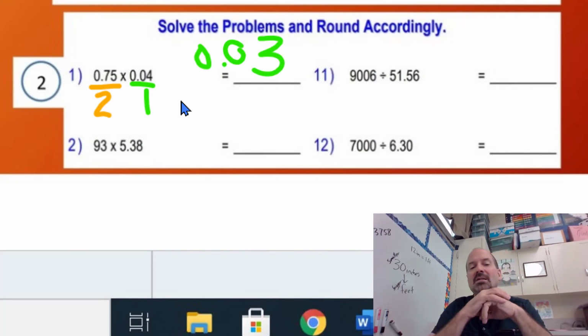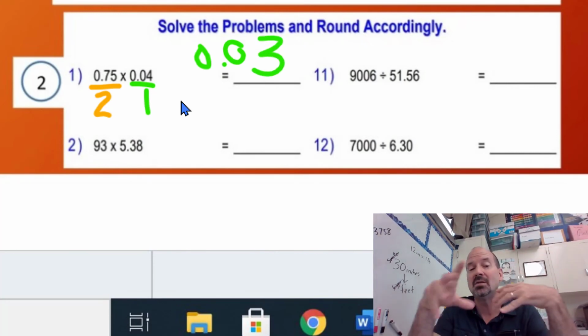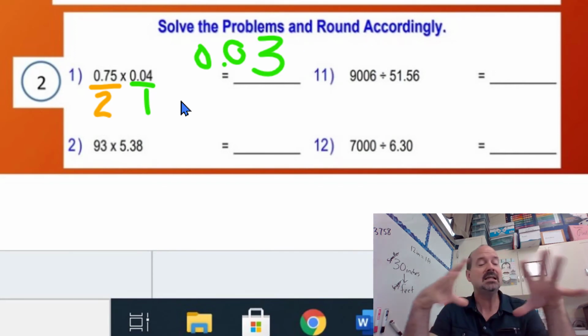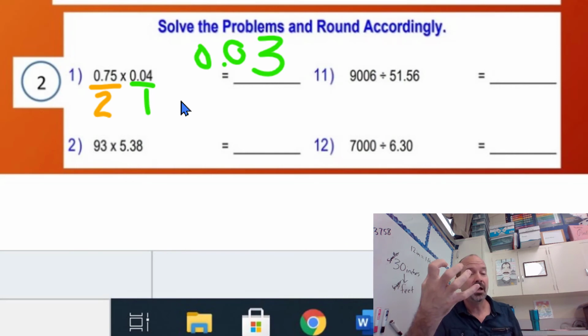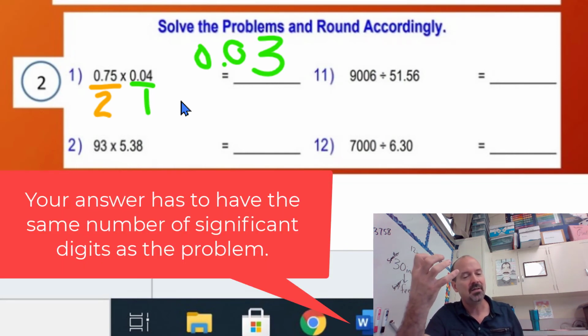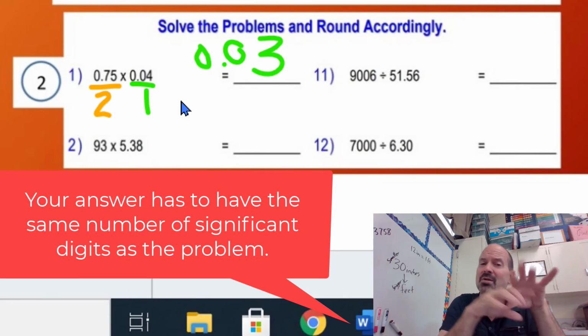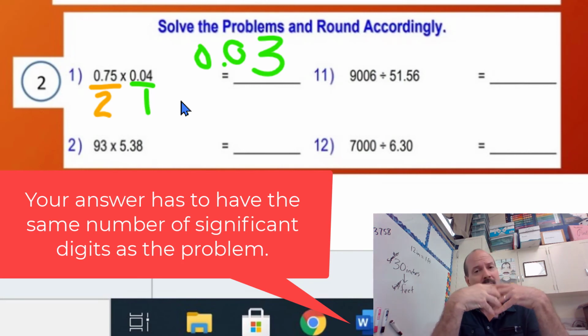Does that have 1 significant digit already, or do I add a 0 at the end? The answer is it has 1 significant digit, so it's perfect. So that's the key idea. Your answer can't have more significant digits than the numbers you were multiplying or dividing. Does that make sense? You can't be more precise in your answer than the problem was.